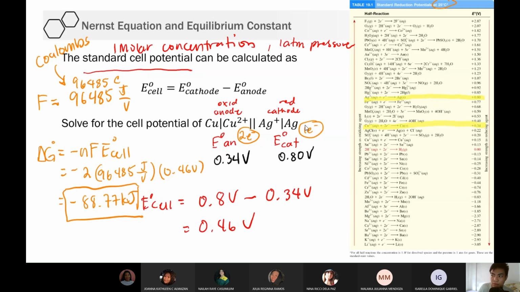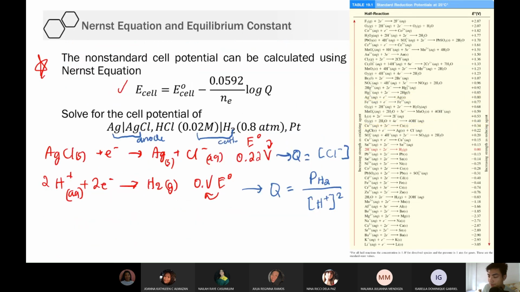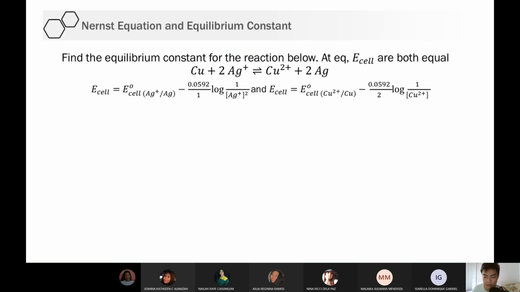So kunin mo yung product nila, 2. Okay. So i-discuss din naman to sa lab, kaya ma-recall to sa inyo. So pag nag-balance kayo ng redox reaction, dun lalabas yung 2 electrons. Okay, so with that, maybe I can proceed. By the way, may typo ako dito. So this should be 2 as well.